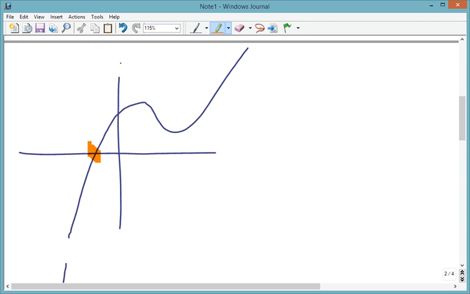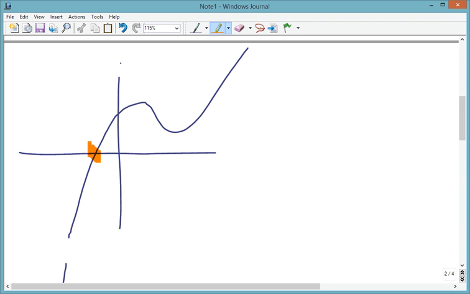So I have one real number x-intercept, so that would be one real number zero. The other two are going to be imaginary numbers, but there's always going to be 3. Sometimes they'll be the same one twice, but there will always be 3 that we can account for. All right, so that's what it would look like.